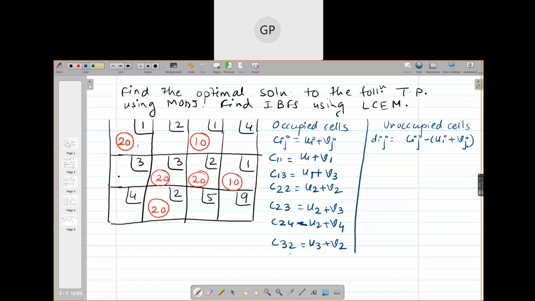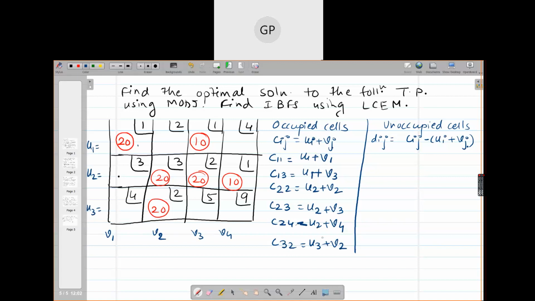So UIs are calculated for rows. Please remember this. UIs are calculated for rows and VJs are calculated for columns. Do you understand it? U1, U2, U3 are calculated for rows and V1, V2, V3, V4 are calculated for columns. So there are 3 rows and 4 columns, and UIs and VJs are unknowns.